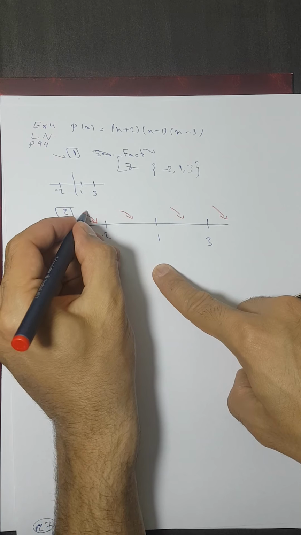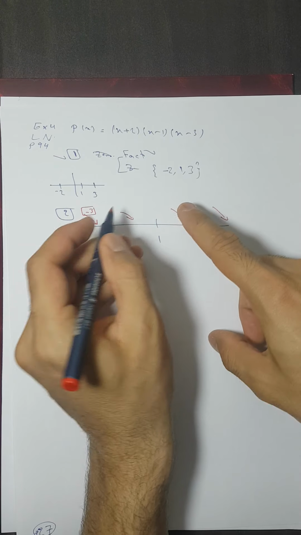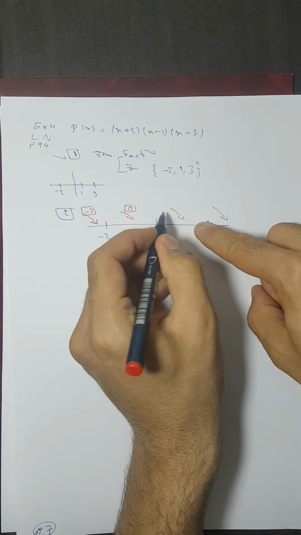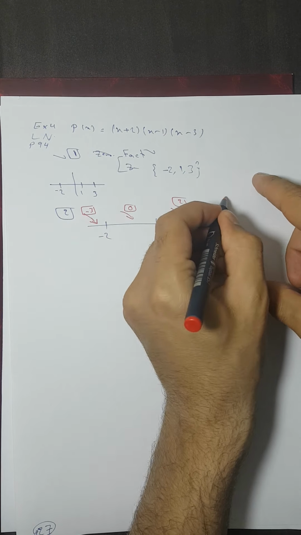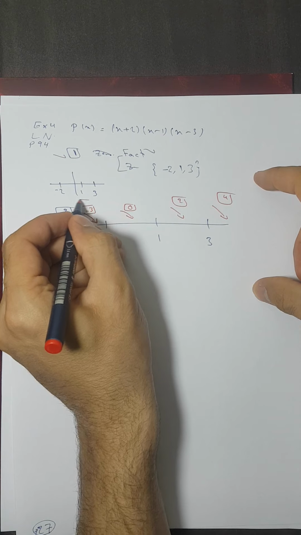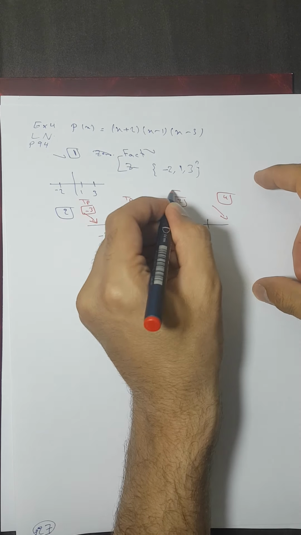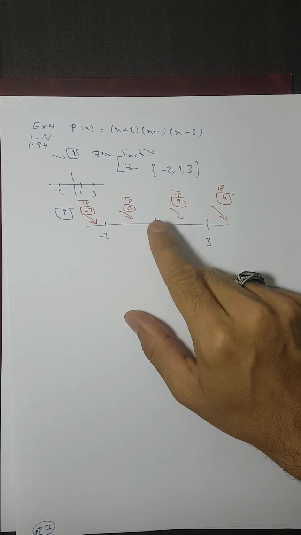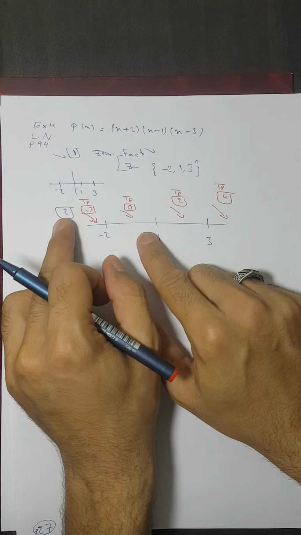For example, I'll choose minus 3, and I will choose 0, and I will choose 2, also 4 as a test point. Okay, dear, so for this one, you need test points, the second key of ours.